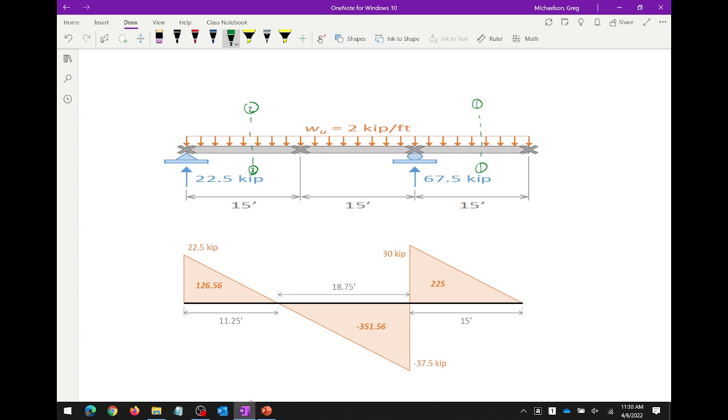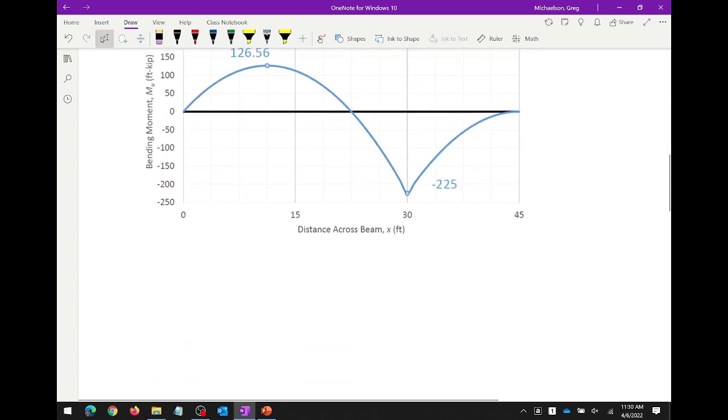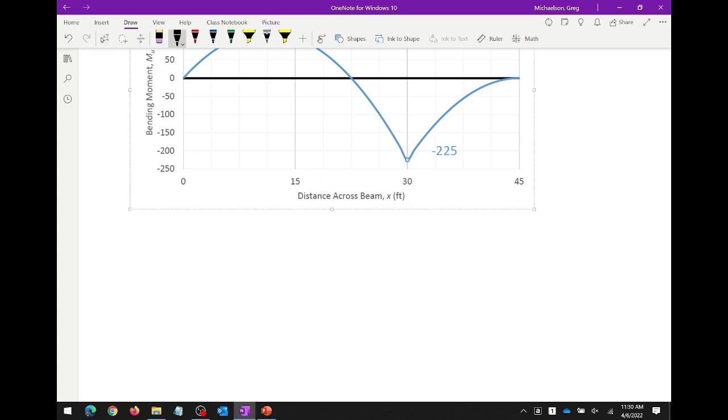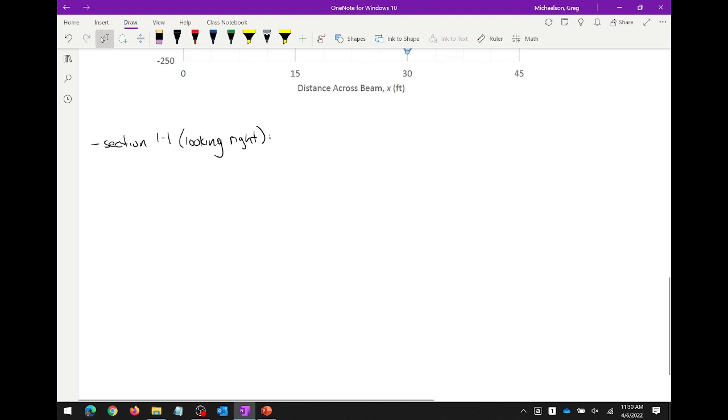The free end, less stuff to deal with. So let's deal with section 1-1. Section 1-1 looks like this.